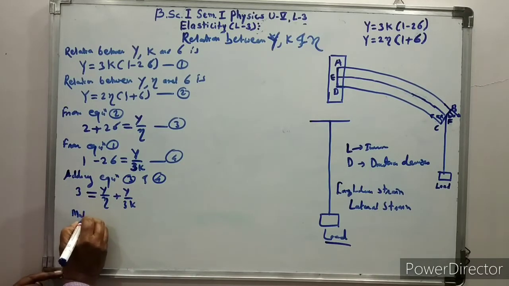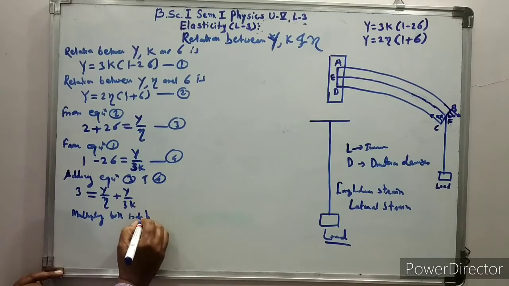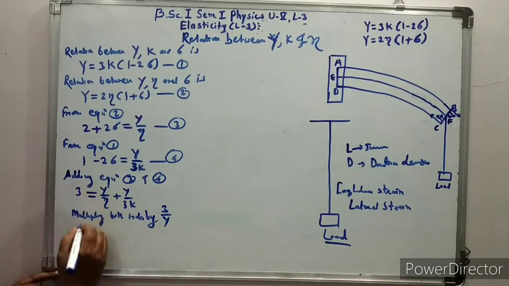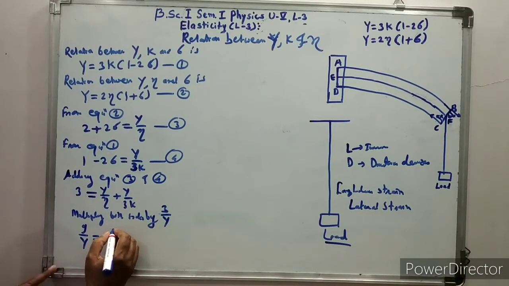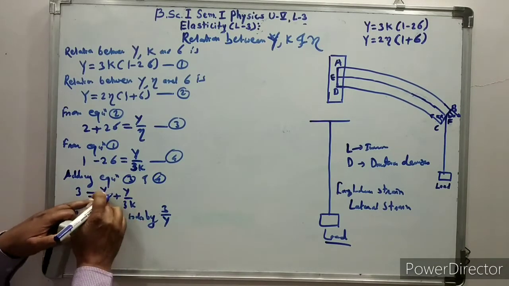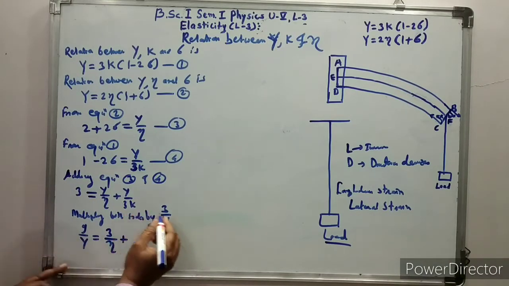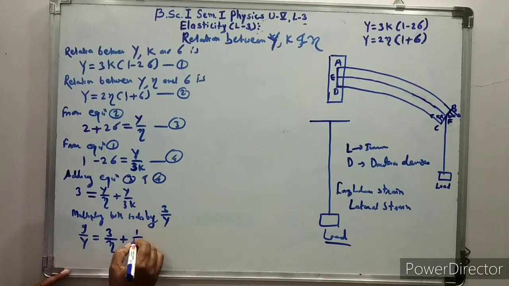Now multiplying both sides by 3 by Y, we get 9 by Y on the left. On the right, if we multiply Y by eta by 3 by Y, we get 3 by eta, plus if we multiply Y by 3K by 3 by Y, we get 1 by K.